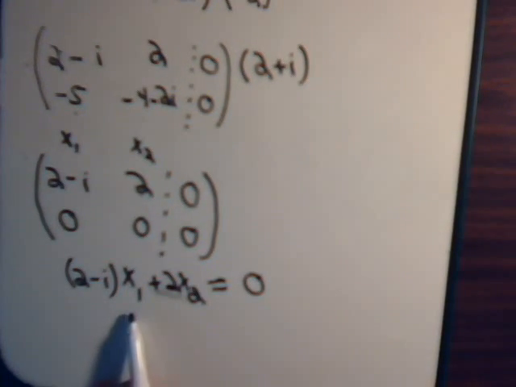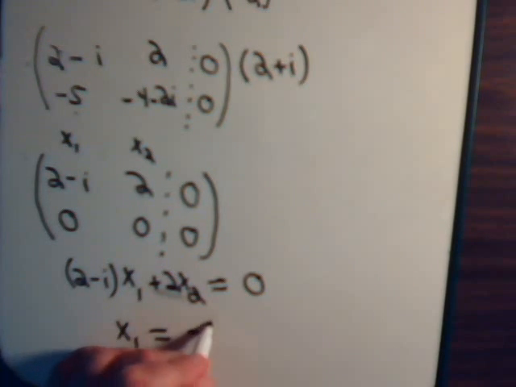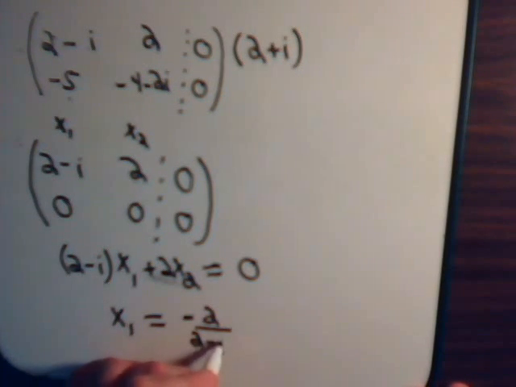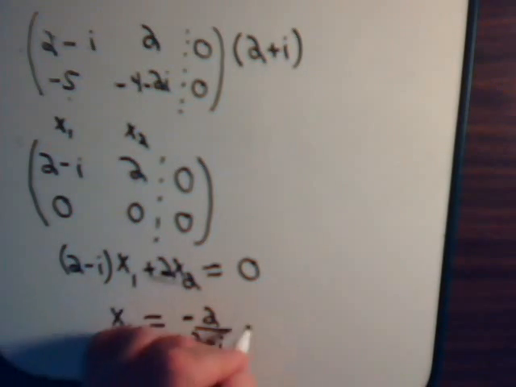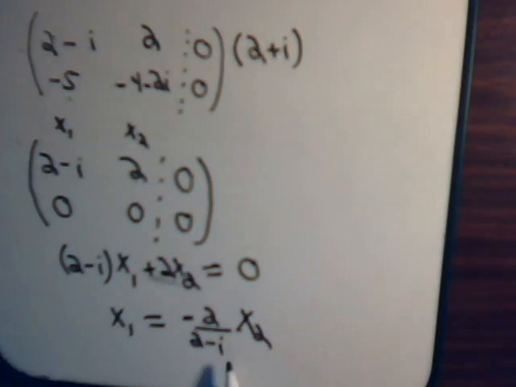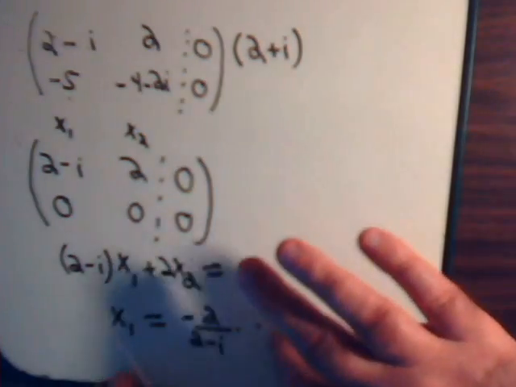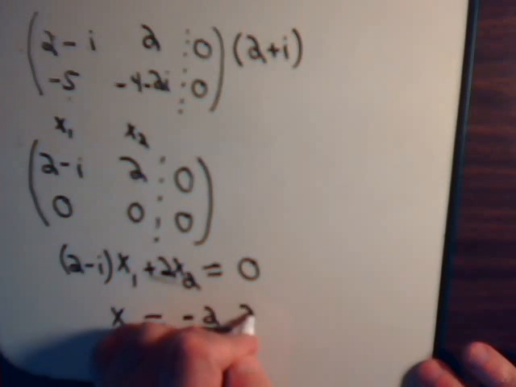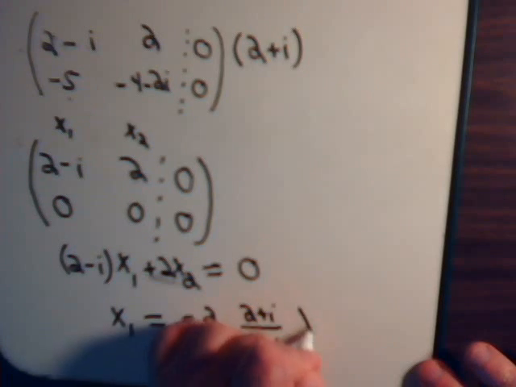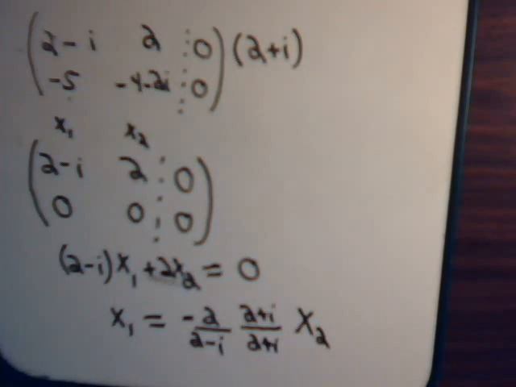So what do we have here? We have x1 equals minus 2 divided by 2 minus i, times x2. Just putting this over on this side of the equation. Now we can rationalize this. Multiply top and bottom by 2 plus i, times x2.